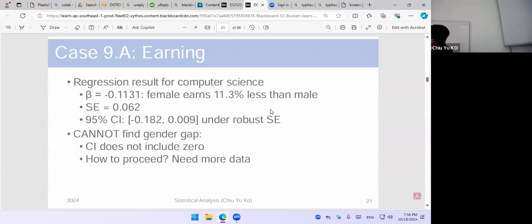Now, as we have said already, the CI includes 0, and the p-value is 10%, maybe 6%. So we can't do too much. And what do you do? You want to collect more data. That's the only thing you can do. Otherwise, you just say we can't use the model.